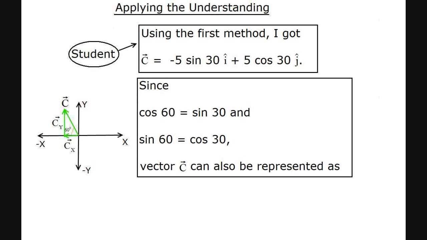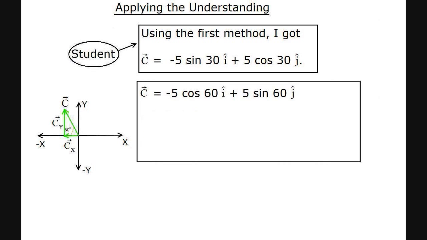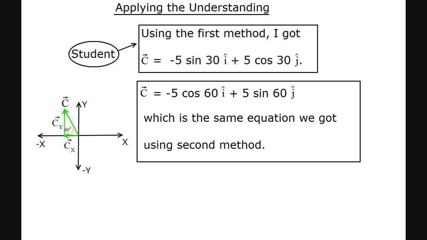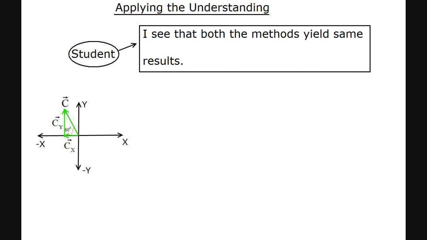Since cos 60 is equal to sin 30, and sin 60 is equal to cos 30, vector C bar can also be represented as C bar is equal to minus 5 cos 60 times i hat plus 5 sin 60 times j hat, which is the same equation we got using the second method. I see that both the methods yield the same results.